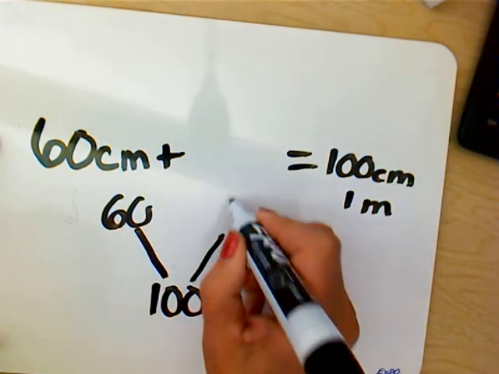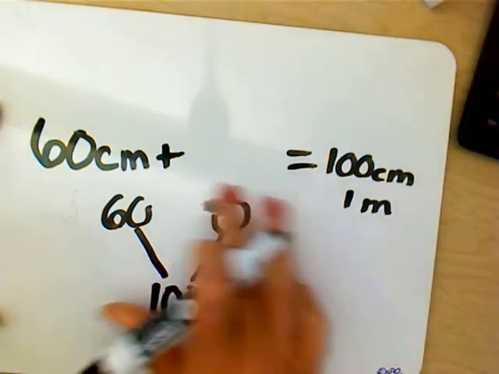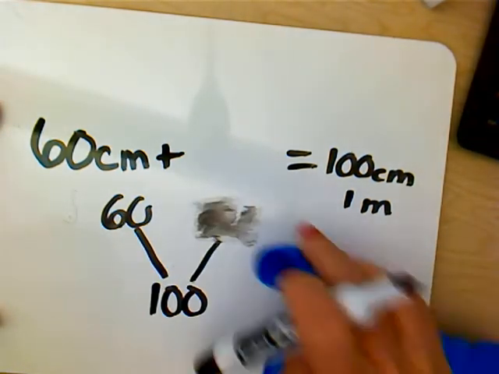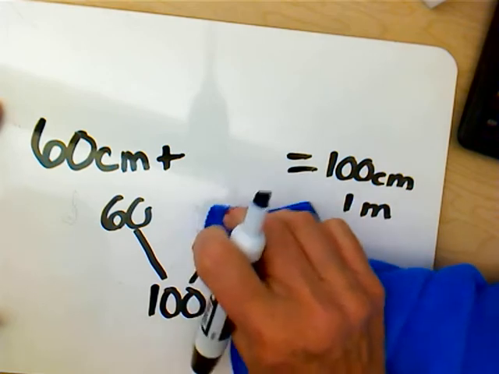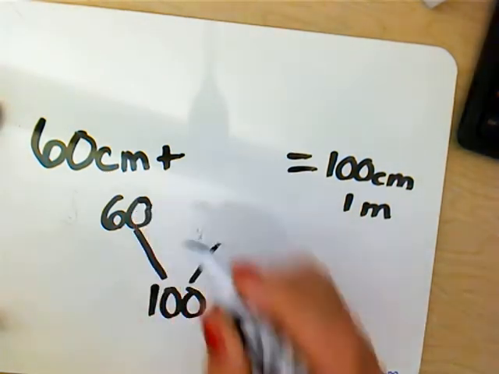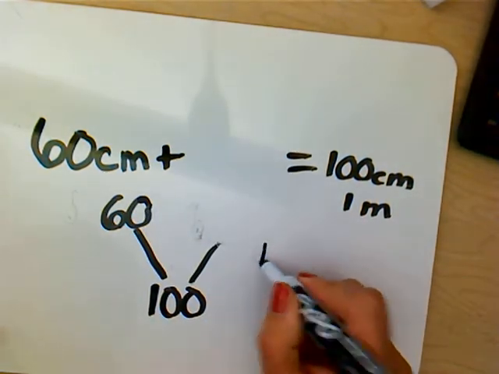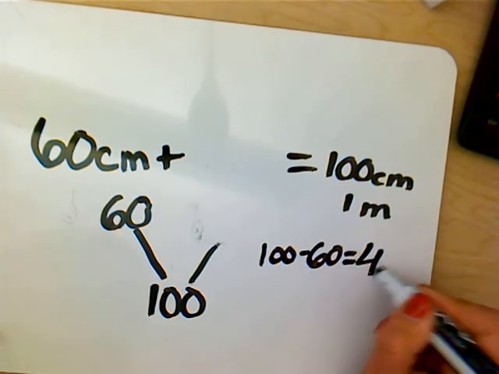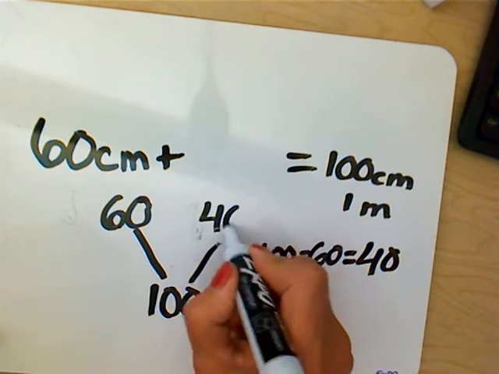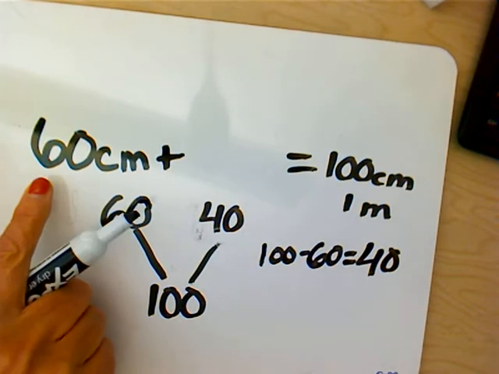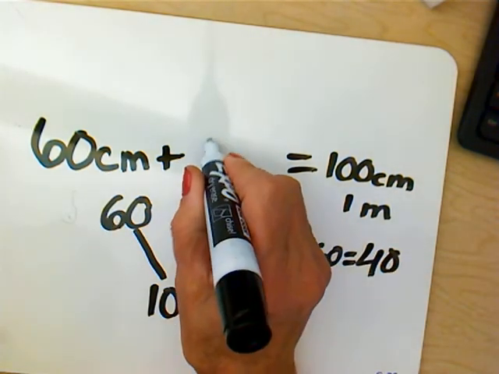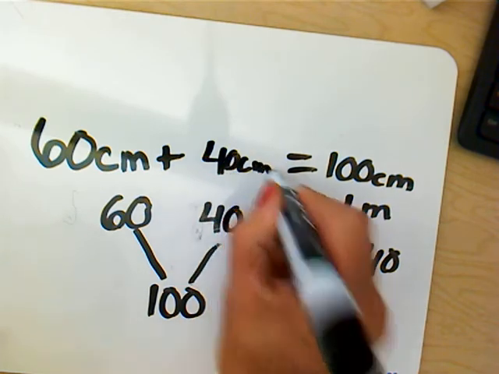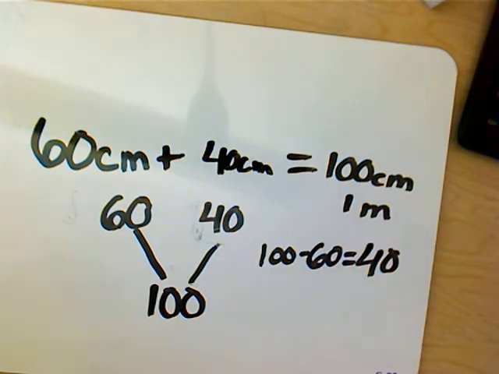What would I have to do in order to find out what the other part of my number bond would be? Well, I know that if I take 100 and subtract 60 in my head, I would get 40. So 40 is the other half of my number bond. Therefore, 60 centimeters plus 40 centimeters would get me to 100 centimeters. And I could use my number bond to help me with that. Okay, let's try another one, shall we?